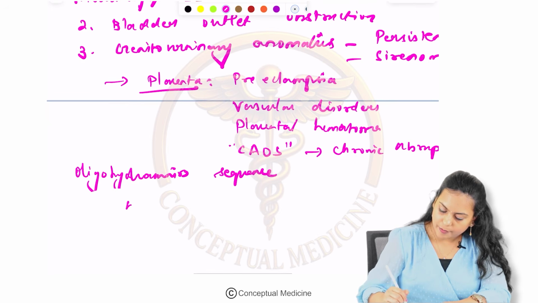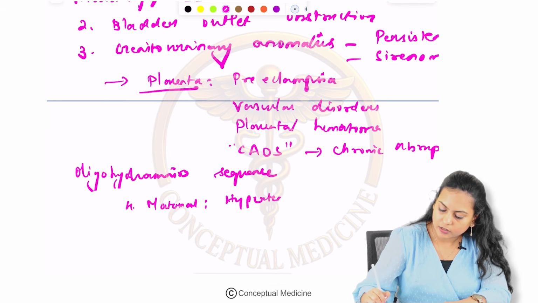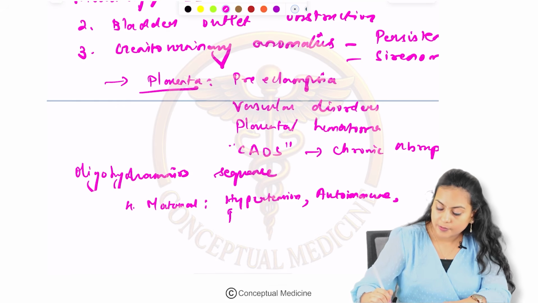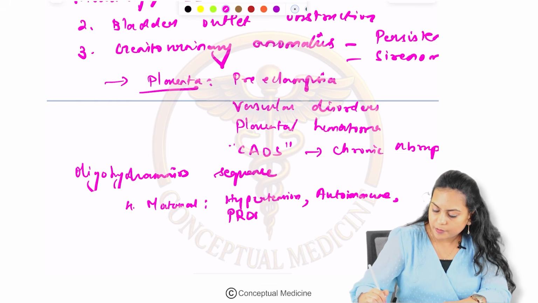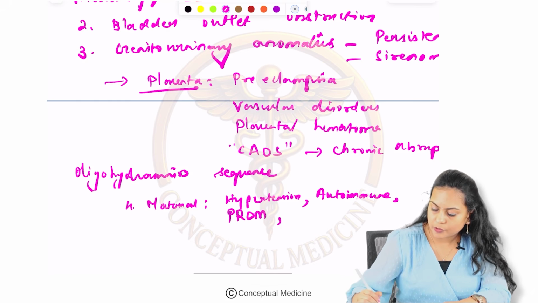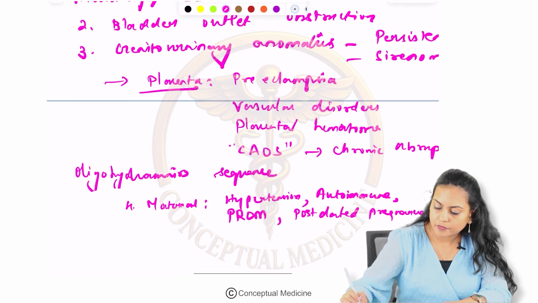And maternal conditions like hypertension, autoimmune disease, especially PROM, that is premature rupture of membranes, and postdated pregnancies should also be ruled out.